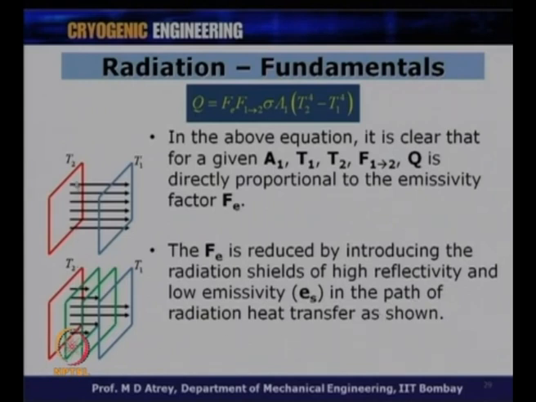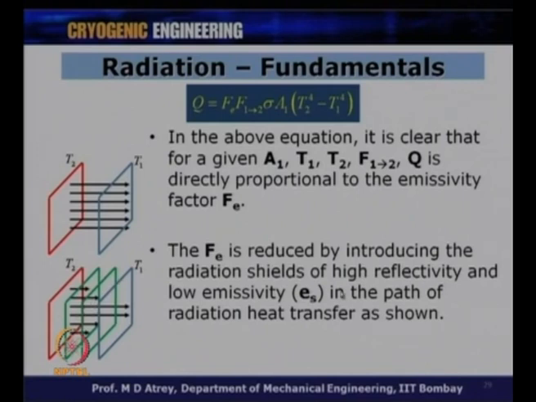So, if I introduce different shields between the T2 and T1 surfaces as shown in this figure, these green things show the shields which have very high reflectivity, so that whatever radiation comes from here can get reflected, and low emissivity values. So, the Es associated with this is minimum in this case.